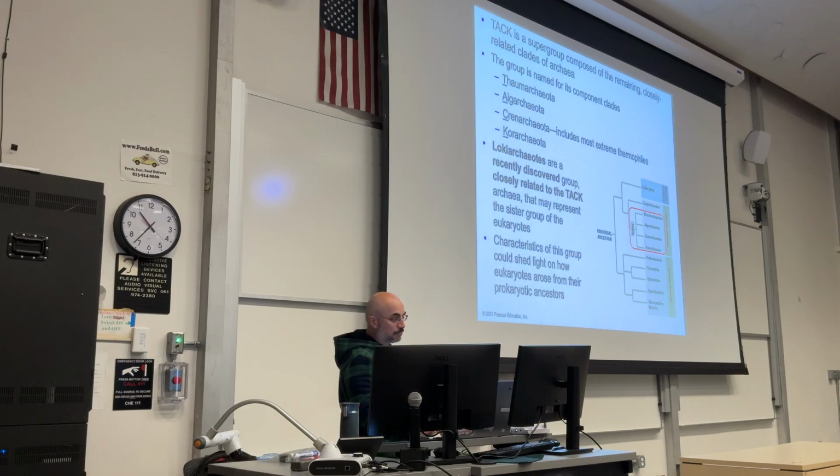So it is still not placed in current phylogenies. Maybe in the new edition of the textbook that is coming this year, it will be placed in the phylogeny. Okay? Are there any questions?